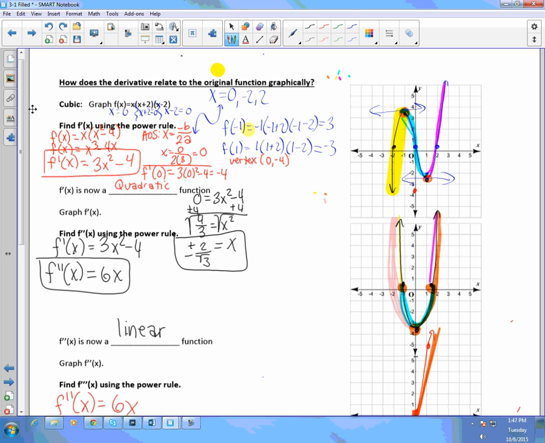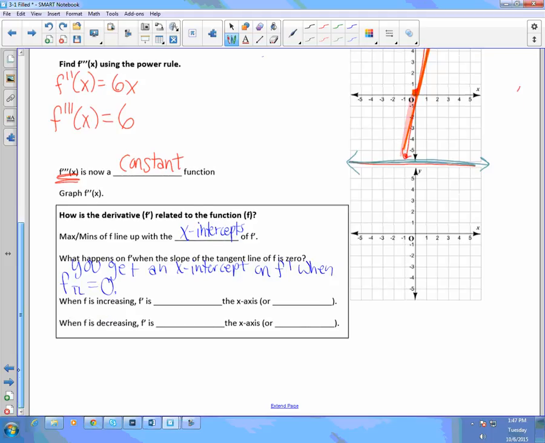We're increasing, so our slope is positive. Okay? So f is increasing, f prime is positive, or above the x-axis. Versus when f is decreasing, f prime is where compared to the x-axis? Below, so that means those numbers are negative.